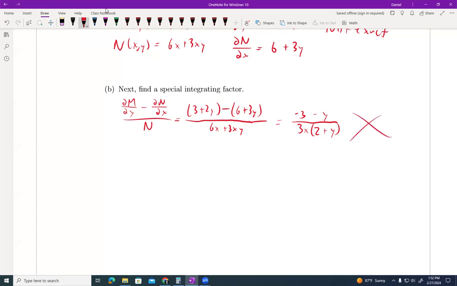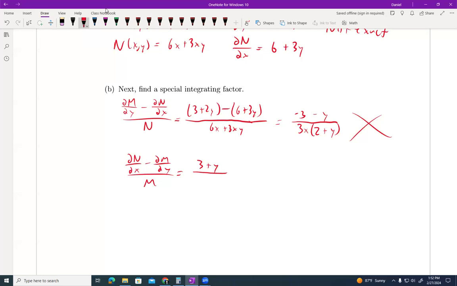So okay, now let's try the other way, which is dN/dx minus dM/dy over M instead. Now the numerator is just the negative of the old numerator. I just reversed the order there, so it's the negative of it. So our numerator will just be 3 plus y.